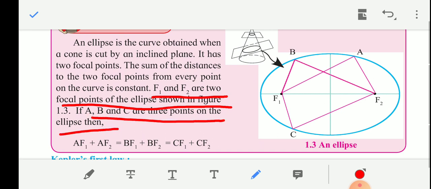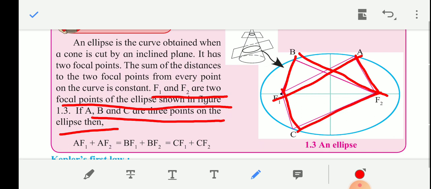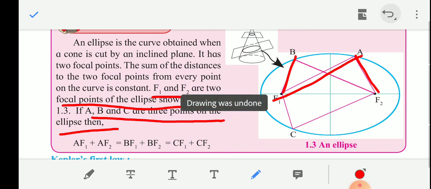If you add up AF1 and AF2, or if you add BF1 and BF2, in the same way if you add CF1 and CF2, you will find that all are equal. Now, when I talk about this equality, what does it mean?